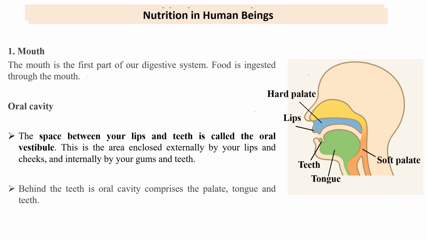The first part of the alimentary canal is the mouth, and food is ingested through the mouth. That is, we take in food through our mouth. Now comes the oral cavity. You can see this is the lip, the teeth, the tongue, the hard palate, and the soft palate.